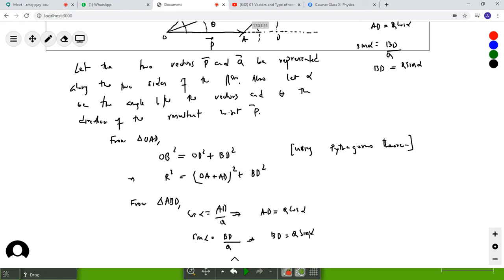Am I right? Did you understand this step? Yes, sir. So now can I plug these values here? You can see AD is there, BD is there.